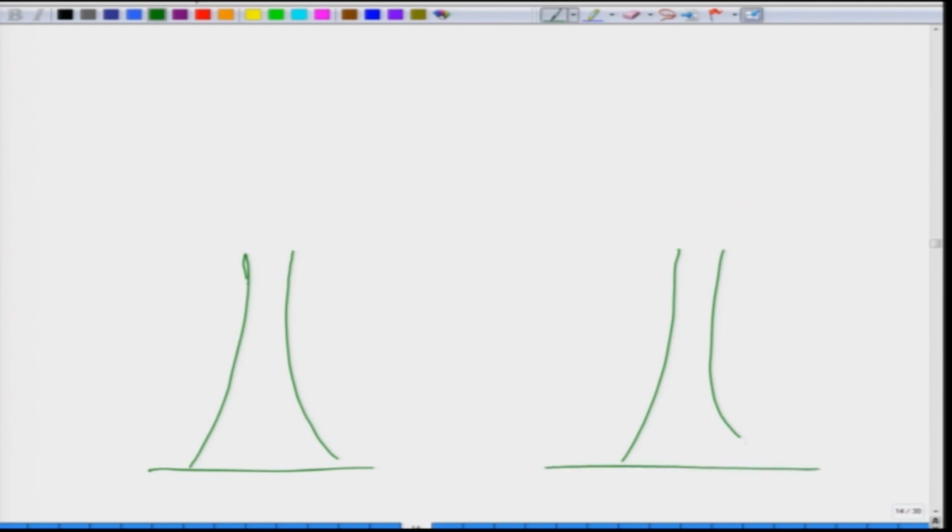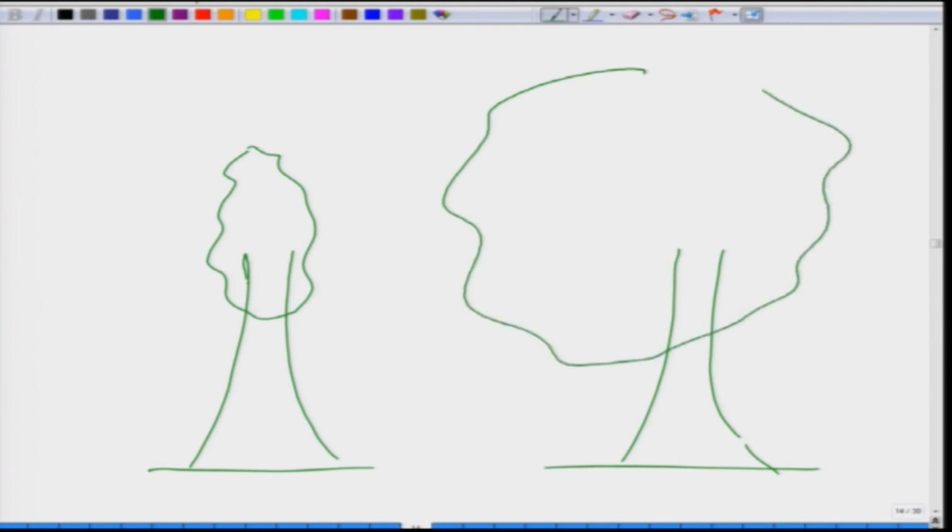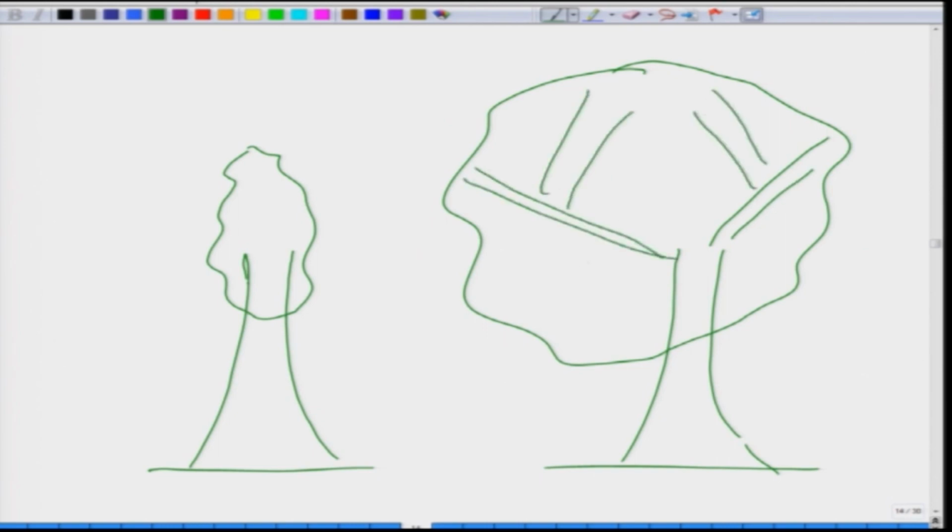Suppose we have 2 trees, both are of the same size, but this tree has a small crown, but this tree has a very large sized crown. So, by a very large sized crown, we mean that it will be having a number of branches and a large number of leaves in this tree.